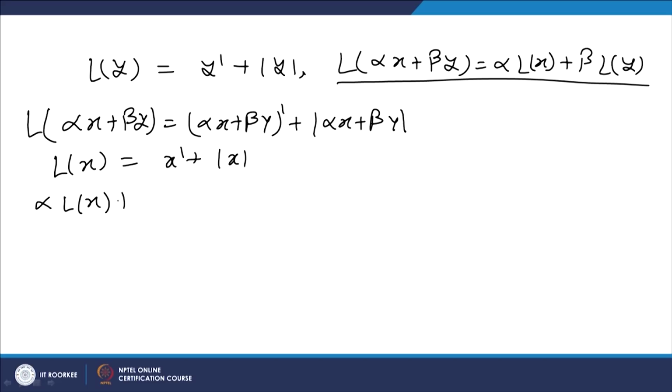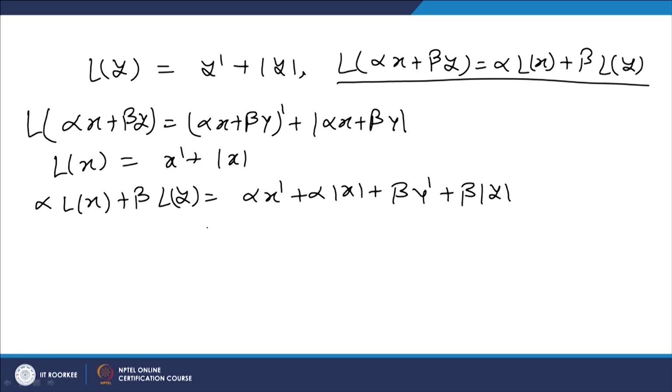plus beta times Ly, and if you look at it, it is alpha times x dash plus alpha times mod of x plus beta times y dash plus beta times mod of y. If you simplify, it is alpha x dash plus beta y dash plus alpha times mod of x plus beta times mod of y.